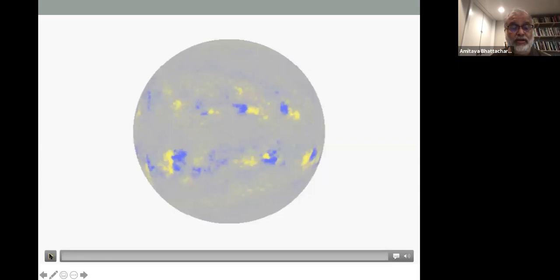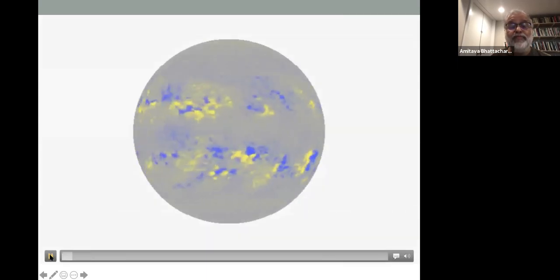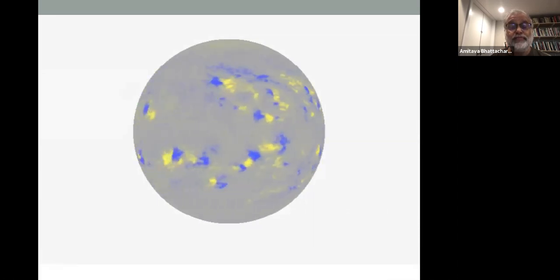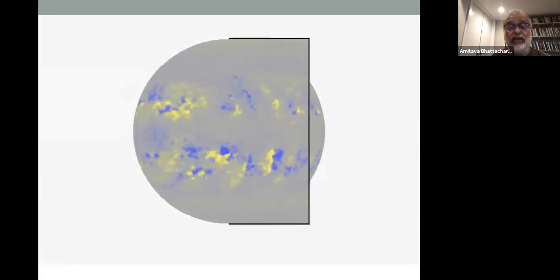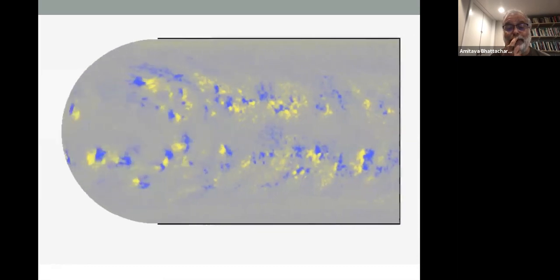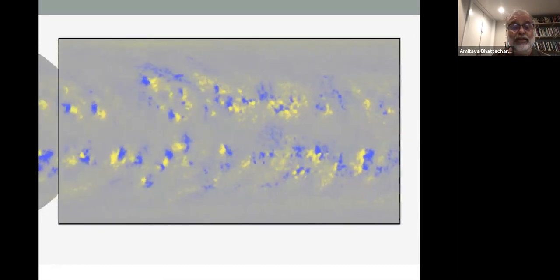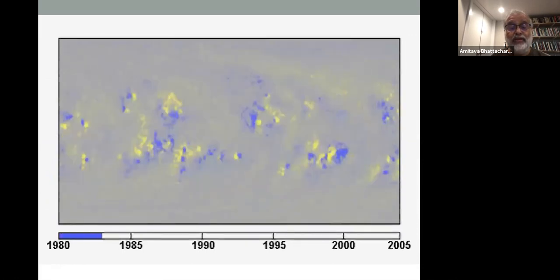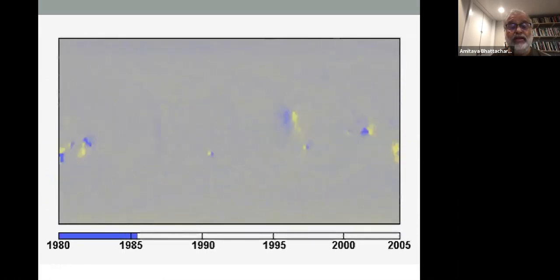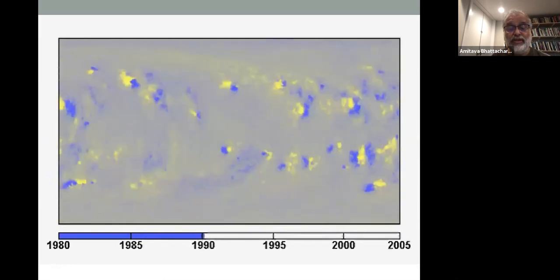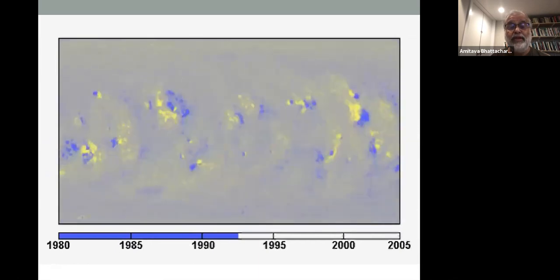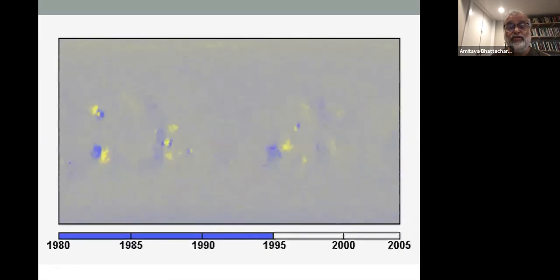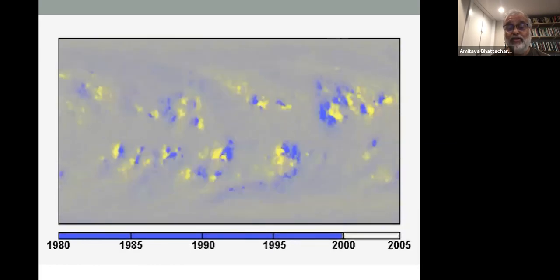Furthermore, as shown in this beautiful movie, if you look at the sun's rotation and the way the sunspot is, and this has been done by David Hathaway, who put together this wonderful movie. And what you're really seeing in yellow and blue is the magnificent 11-year cycle where the sun starts out with magnetic fields, it goes to zero, it reverses sign, and goes the other way.